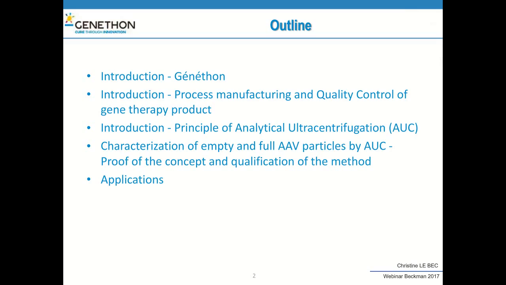After that, I will introduce the process manufacturing and the quality control of gene therapy product, and especially for AAV vectors. I will then present the principle of analytical ultracentrifugation and the proof of concept and the qualification of the method for characterization of empty and full AAV particles. And in the last part, I will present some applications for AAV particles.